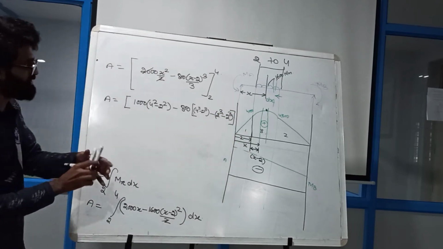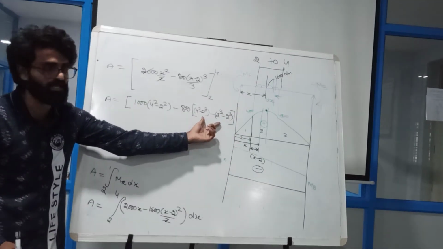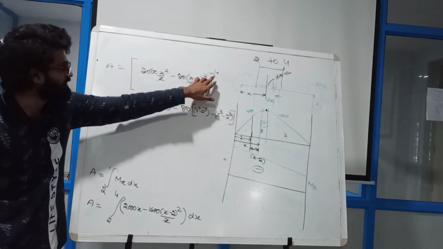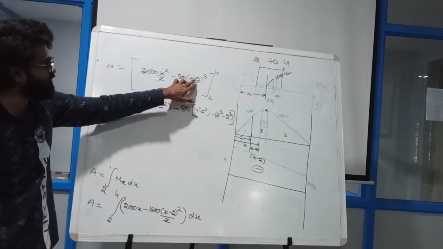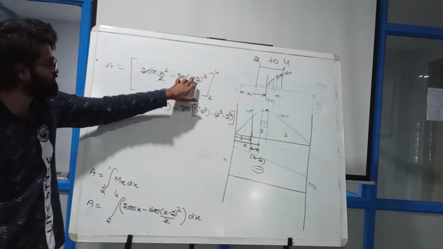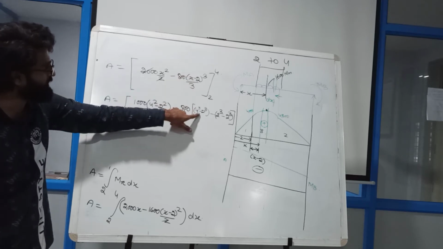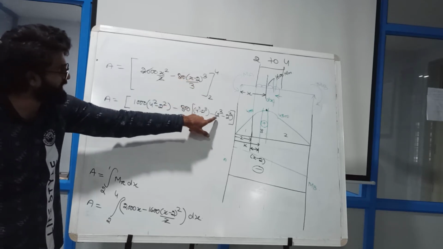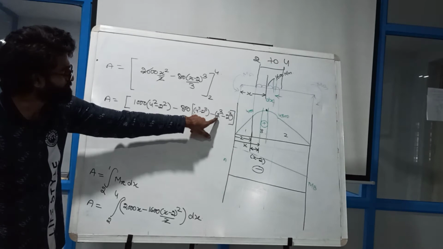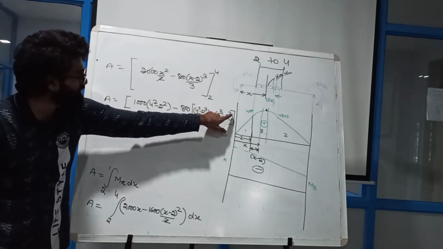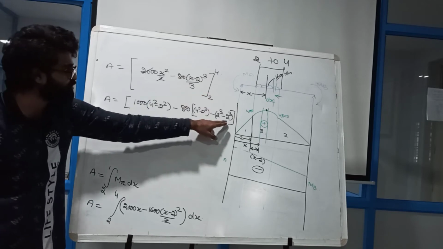My dear friends, you understood this step? What did I do in this step? I kept upper limit minus lower limit. First I kept the upper limit, that is 4 squared minus 2 cubed, this is 4 cubed minus 2 cubed. Then I kept over here the lower limit: 2 squared minus 2 cubed.